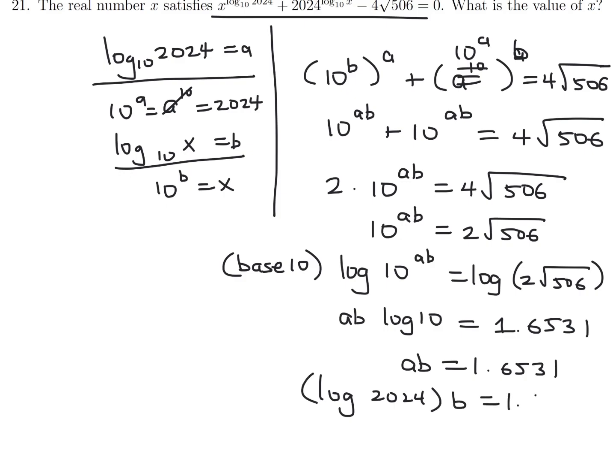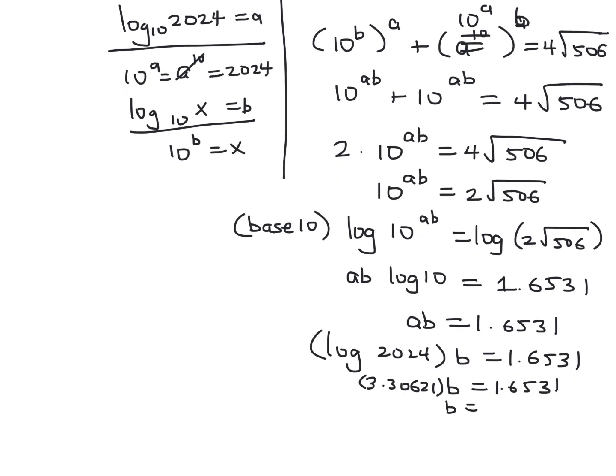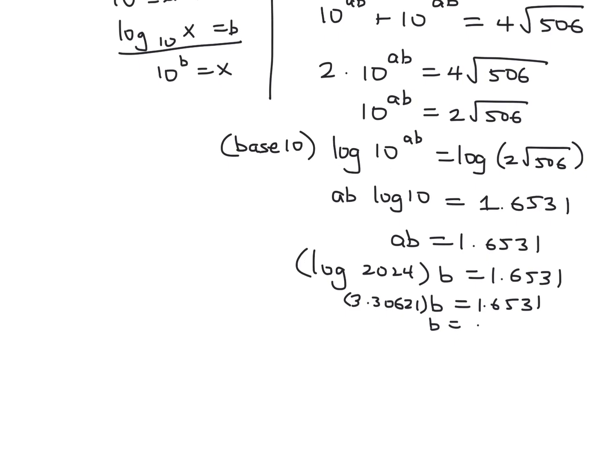So that means I can actually get a numerical value for B. The log of 2024 is about 3.30621, so with 1.6531, if you divide through, B is exactly 0.5. So therefore x, which is 10 to the power of B, is 10 to the power of 0.5, or another way of writing it is root 10.